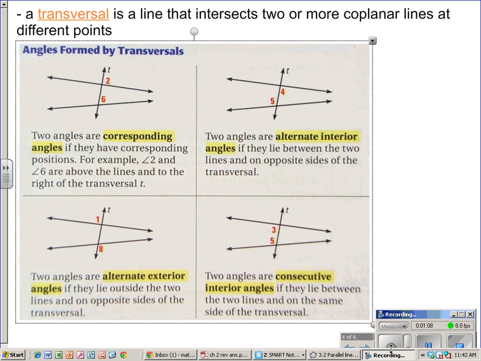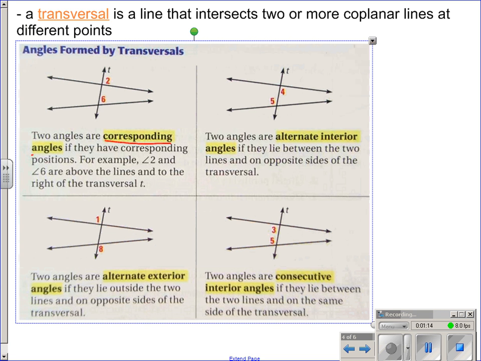Okay, for this top left one, corresponding angles. Corresponding basically means they are in the same position. If you look at this picture where angle 2 is, you've got this top line and the transversal. Angle 2 is in the upper right of the four angles.